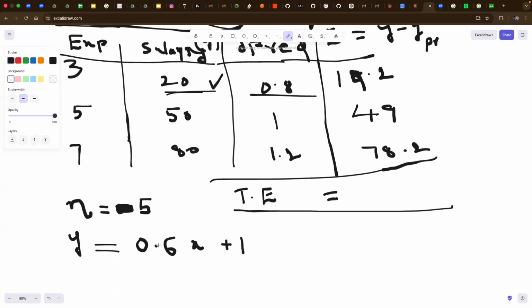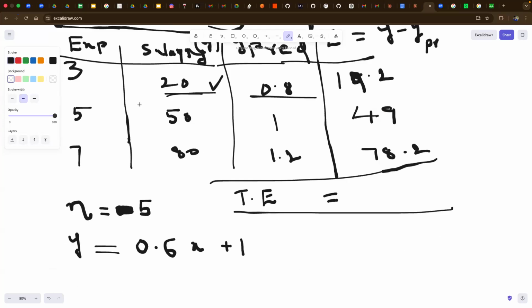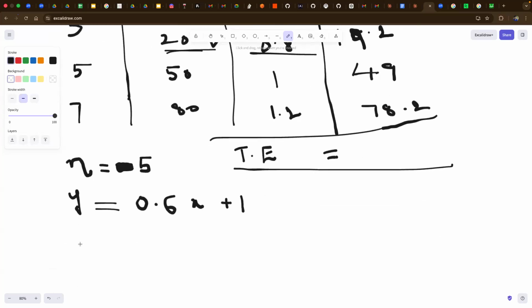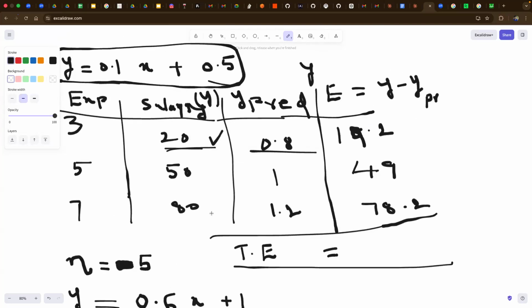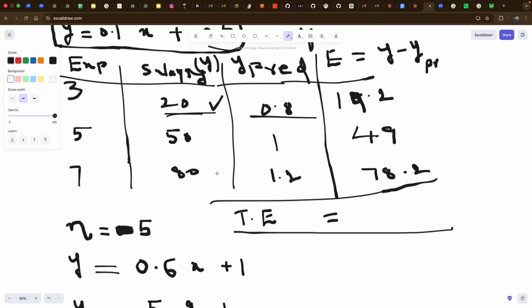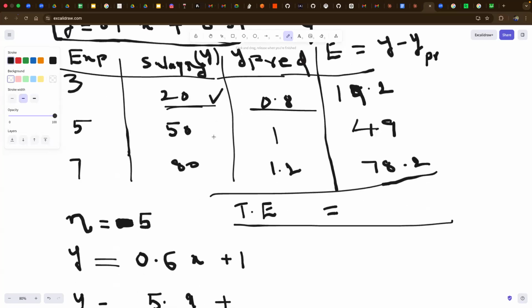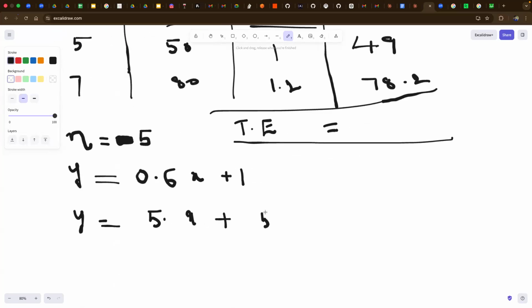So this comes out to be 5 plus 0.1, it is 5.1. Let me write that here, 5.1, or else let us make it 5 only as of now, so that it will be easy to calculate. This is 5.5. This is okay because we will just add it.